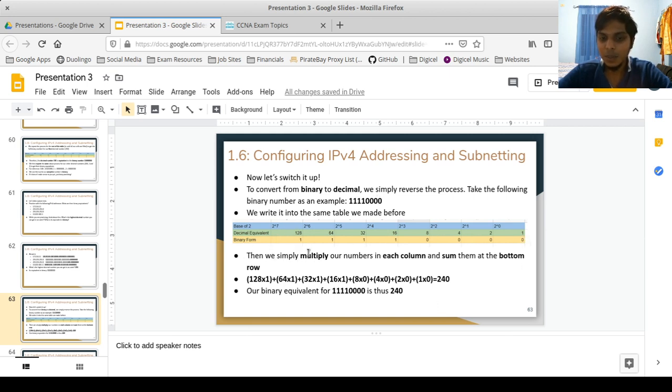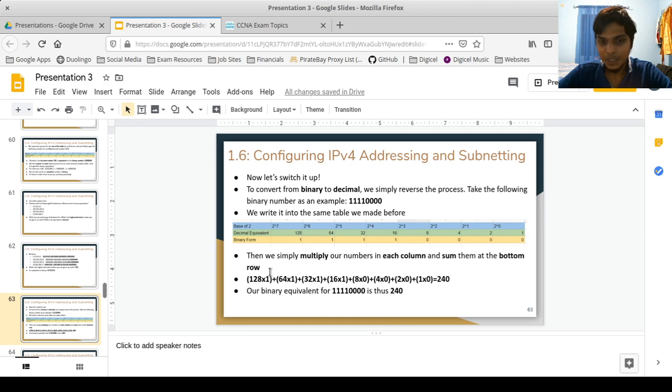Then we simply multiply our numbers in each column and sum them at the bottom row. So 128 by 1 plus 64 by 1 plus 32 by 1 plus 16 by 1 plus 8 by 0 plus 4 by 0 plus 2 by 0 plus 1 by 0. You see it here?